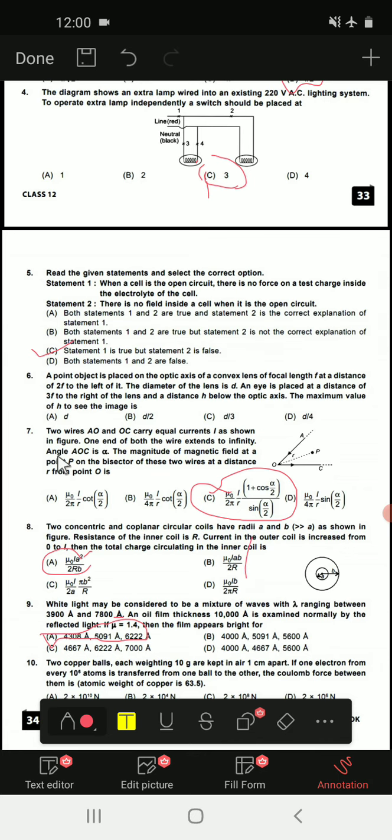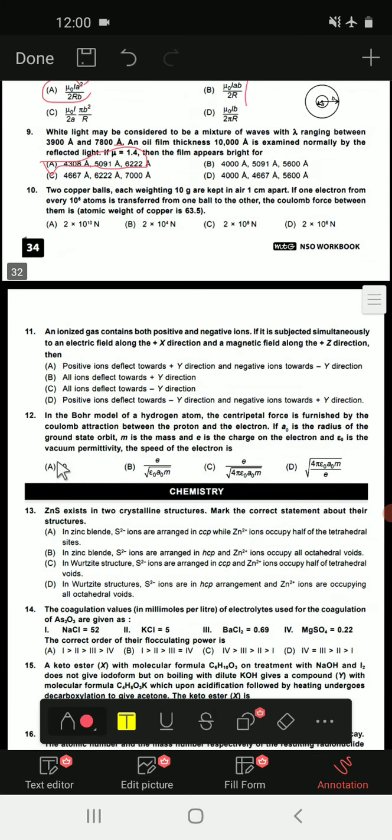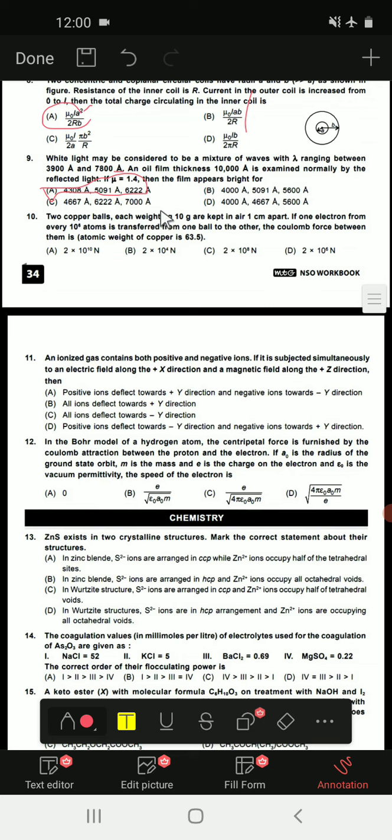In question number 10, what we see is two copper balls, each weighing 10 gram, are kept in air 1 centimeter apart.